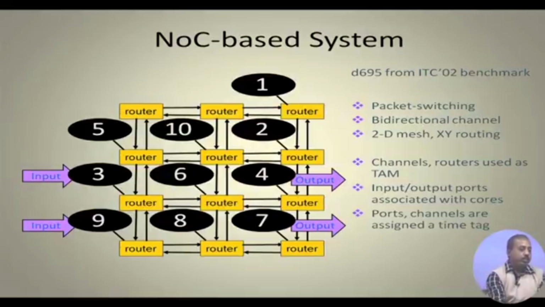So, if there is a communication from core 5 to core 8, core 5 will give the packet to this router, and this router, finding that the destination is 8, will go in the X direction first and reach the column where core 8 is located, and then it will go in the Y direction. That is why it is called XY routing. XY routing has many advantages. It is deadlock free, it is the shortest path and all that.